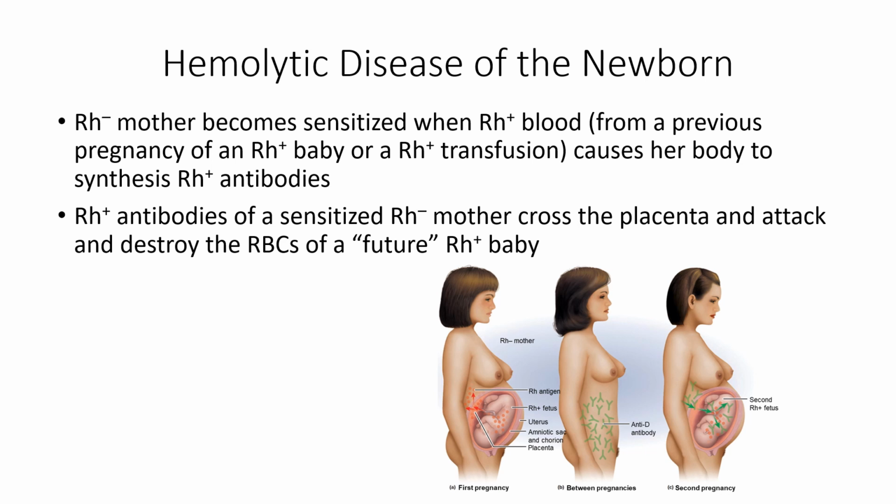And she becomes sensitized when she's exposed to an Rh positive blood type from either a previous pregnancy with a baby who was Rh positive or a positive blood type transfusion. This will result in her body producing Rh positive antibodies.